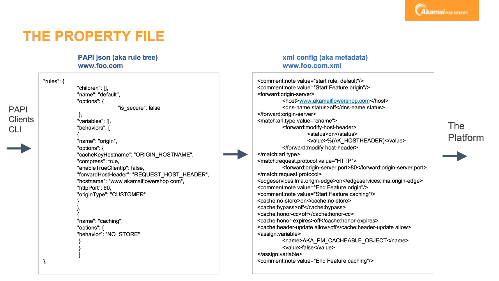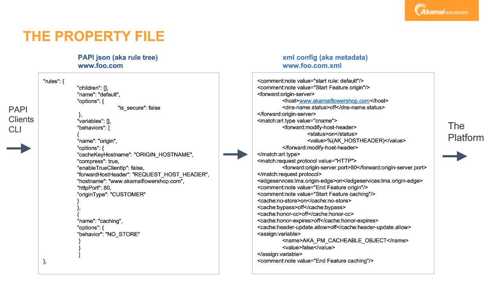This file is also sometimes referred to as the rule tree or as just a config file. It's a JSON file with all the settings for how to deliver your content on the platform. So you'll see here that you have things like the origin host name and what the caching should be, for instance.